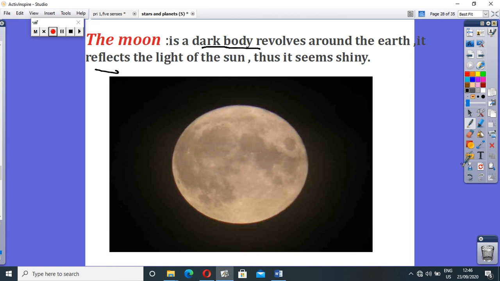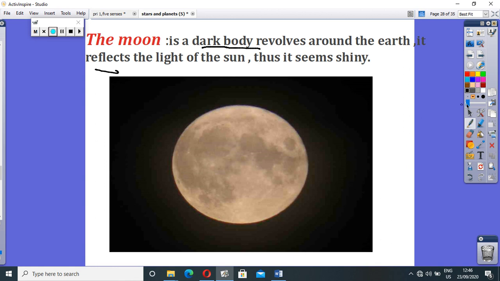Reflects means returning back. So if you put the mirror in front of light, the mirror will return the light back into your eyes. So you will see the mirror as shiny, but the mirror is dark.